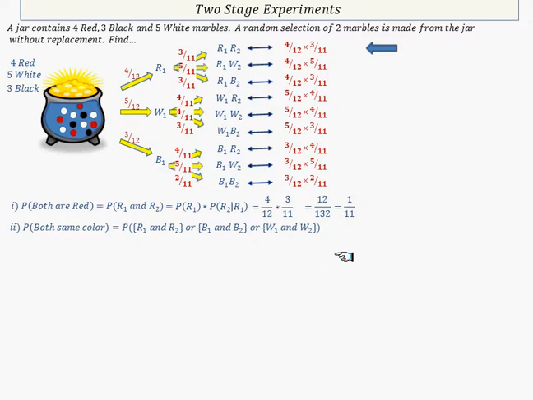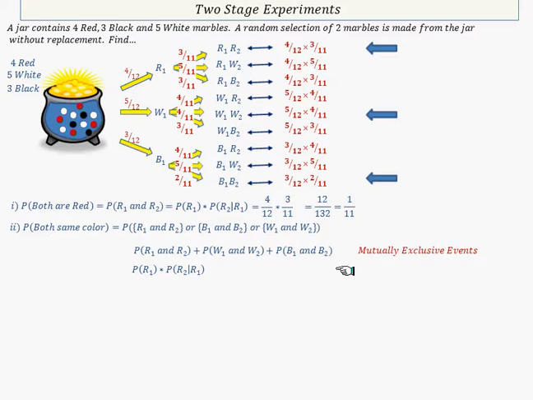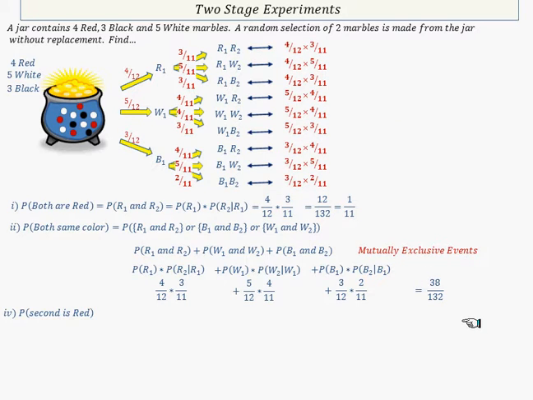Now both the same color, there's 3 ways: 2 red, 2 white, or 2 black. And looking at those, it's just the sum of those numbers where the arrows are above. 38 over 132.